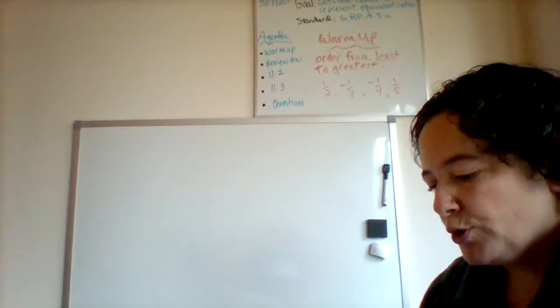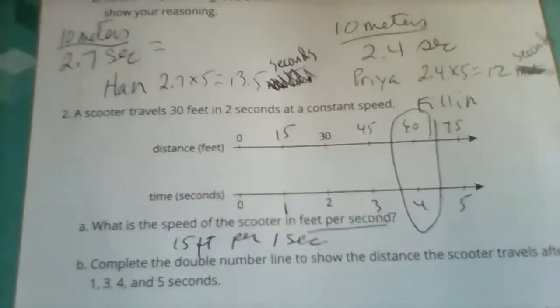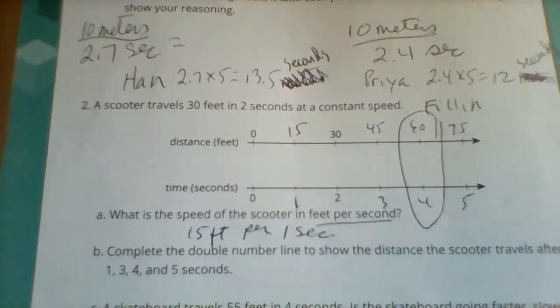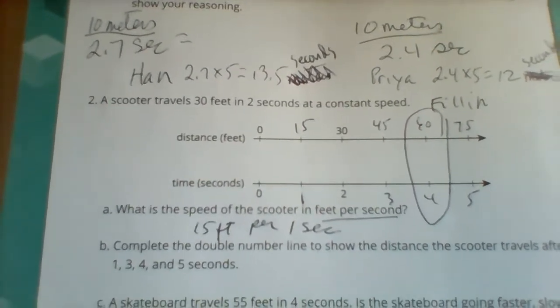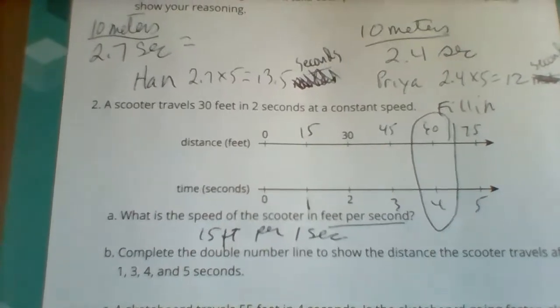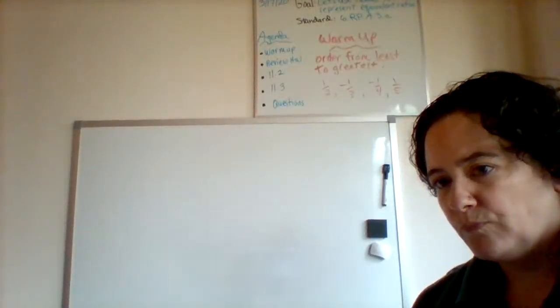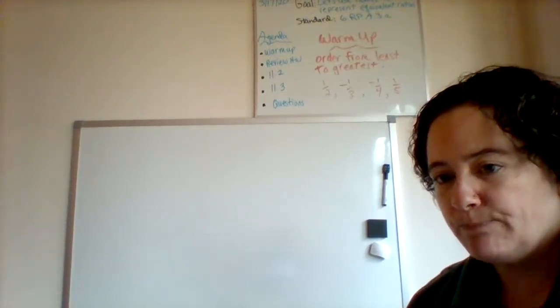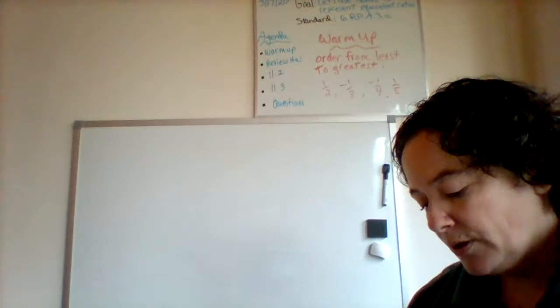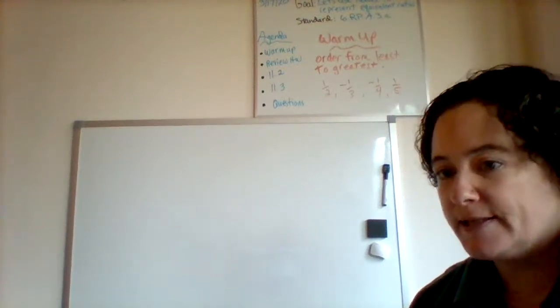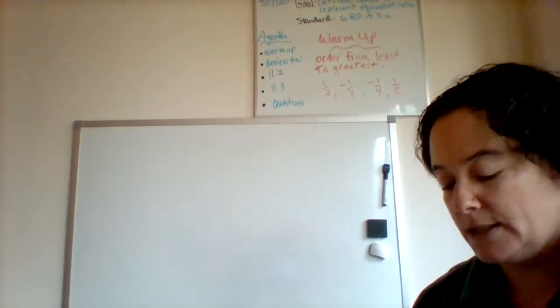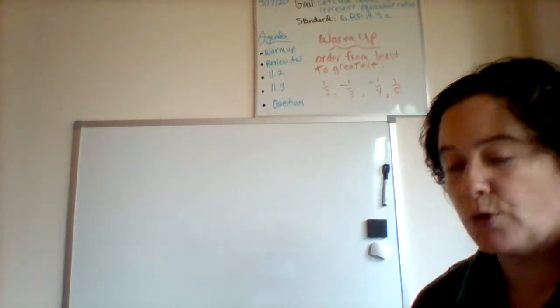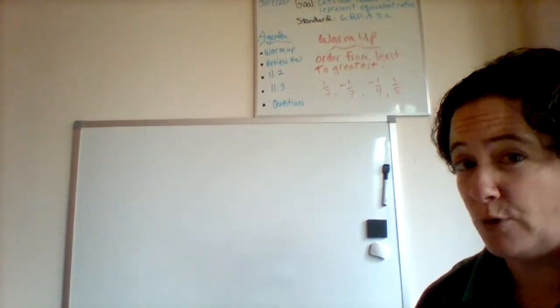Okay. So I want you to remember that the scooter is on the double number line, right? Scooter is going what in 4 seconds? Scooter's going 60, right? Now they're saying that there's a skateboard going 55 feet in 4 seconds.